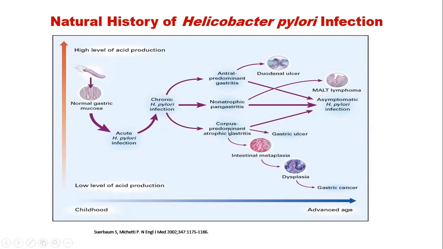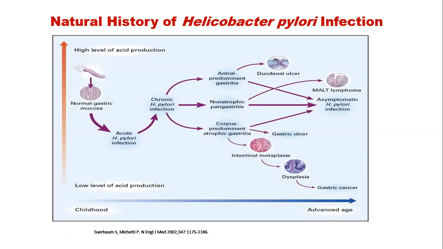You can have a corpus predominant atrophic gastritis, which is a predisposing factor to eventual malignant transformation. You can have non-atrophic pangastritis, which ultimately results in asymptomatic H. pylori infection. Or you can have antral predominant gastritis, which eventually leads to gastric ulcers.